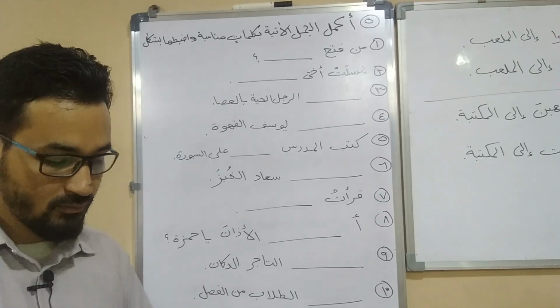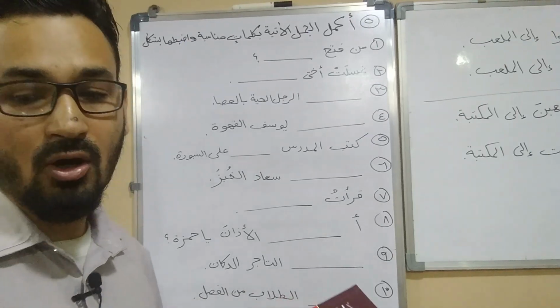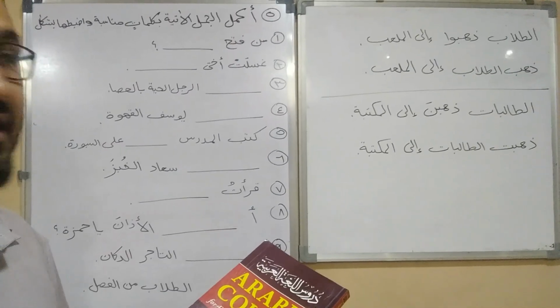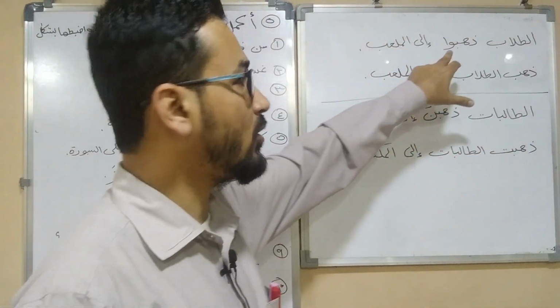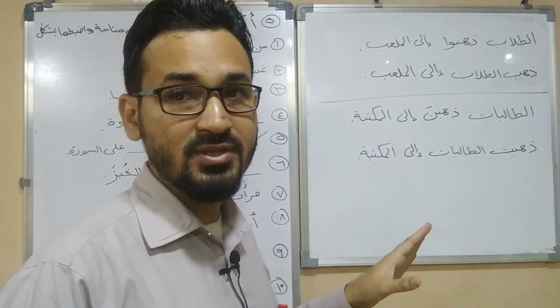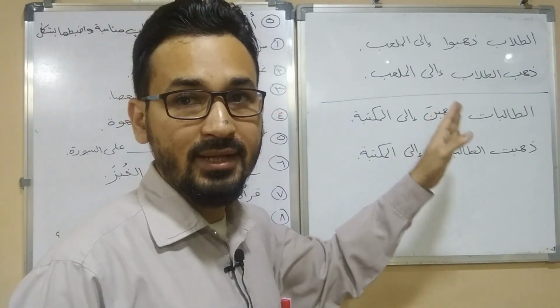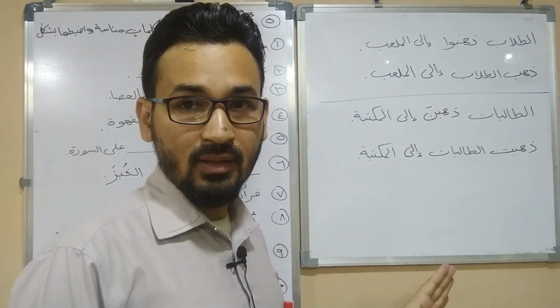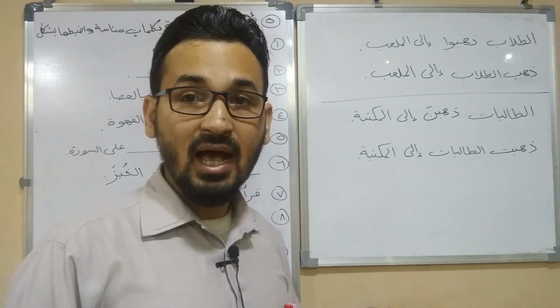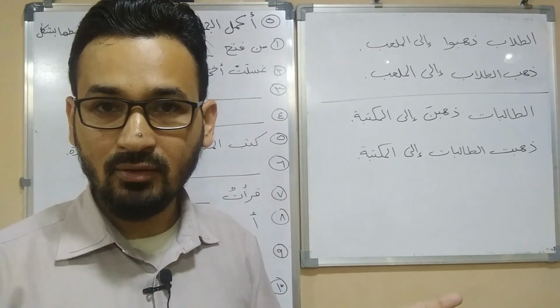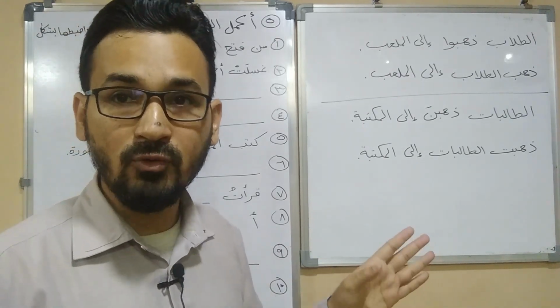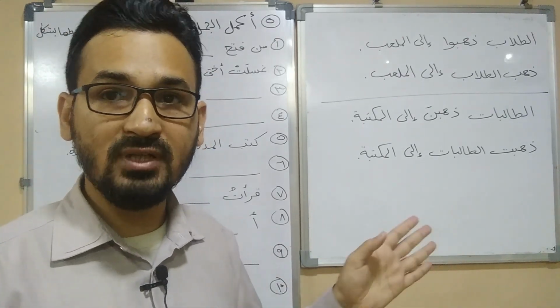Now you have to see on that board, as I told you, when the subject is present in its original form, you have to use only one verb. But when subjects are in the form of pronouns, subjects are hidden, so you have to use the verb according to the subject.